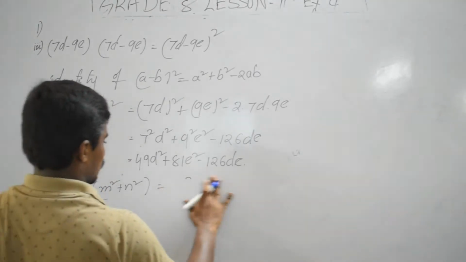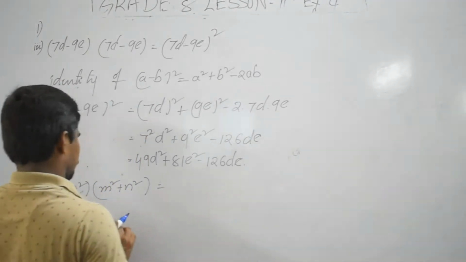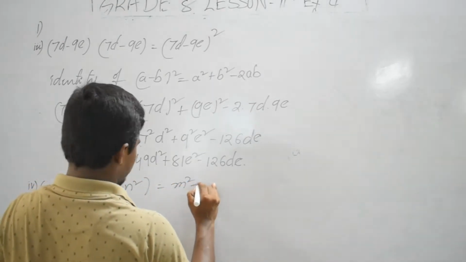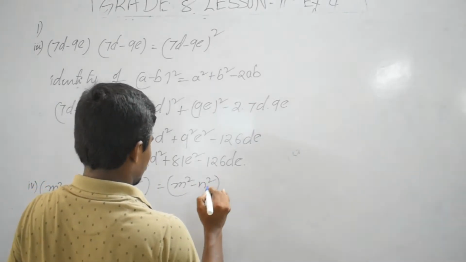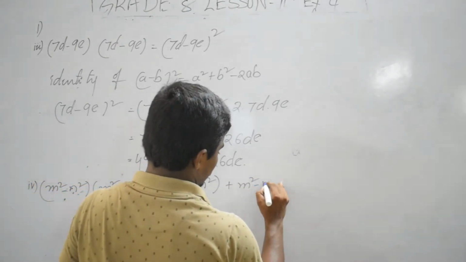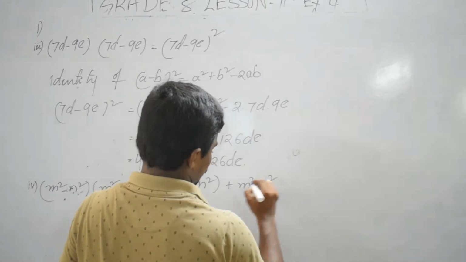So m square times m square minus n square, plus m square times minus n square.